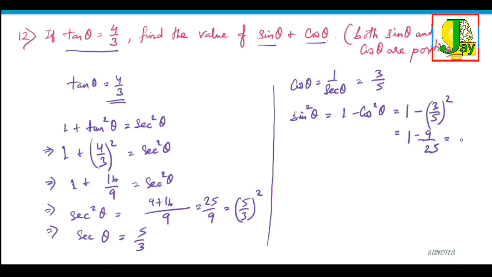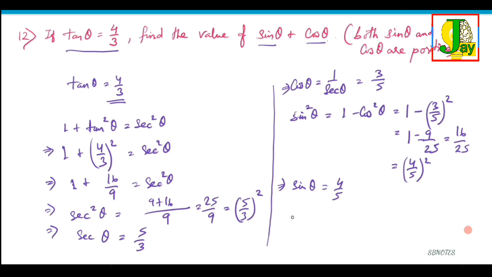That comes to 25 minus 9, which is 16 by 25, and that's 4 by 5 whole square. So sine theta equals 4 by 5. Now from tan theta we got sine theta and cos theta.